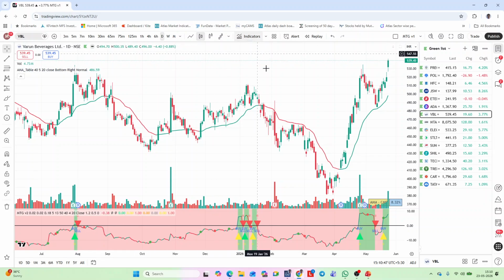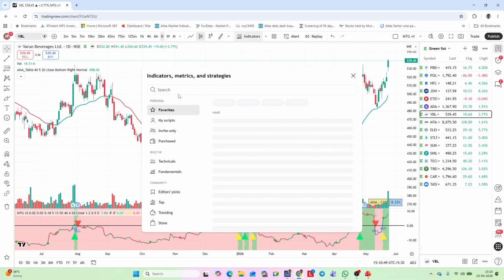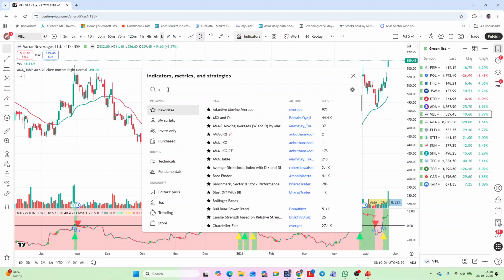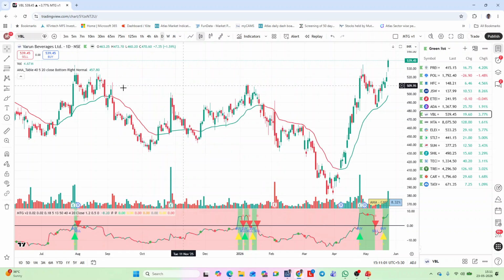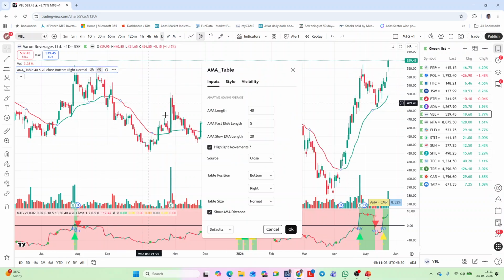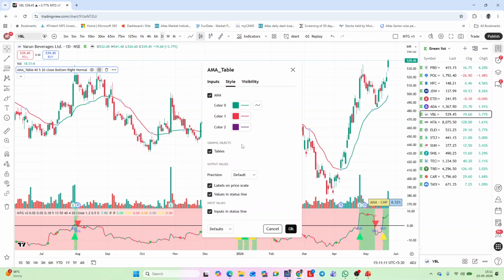Go to Indicators and put in the Adaptive Moving Average, by Everget. This is the indicator you can use. Once you add it, change the setting to 45, 20. This is the setting I am using, and the rest you don't need to touch.